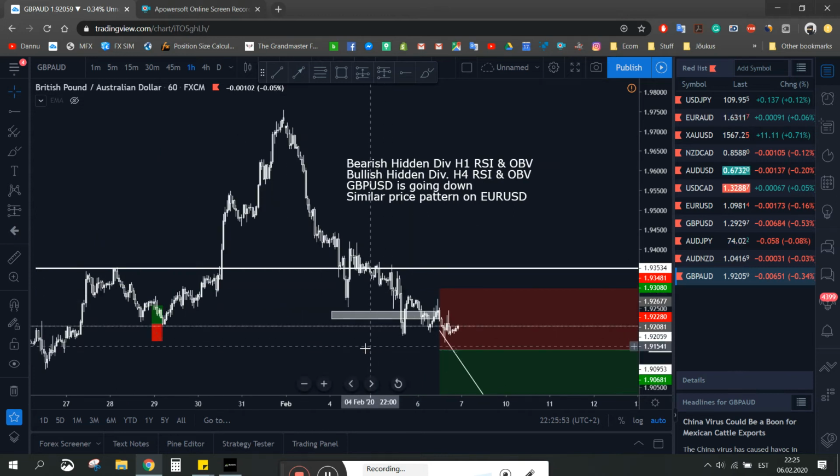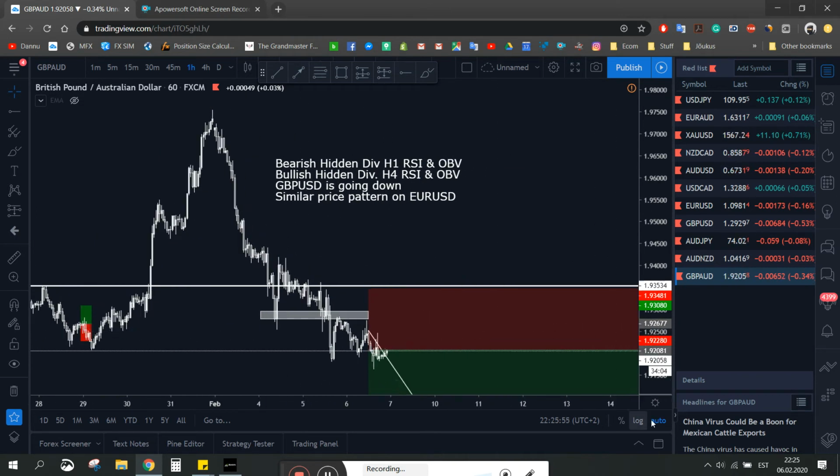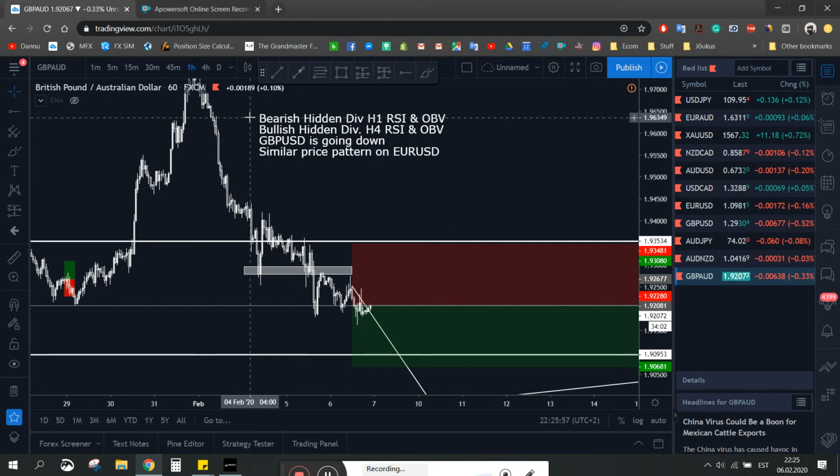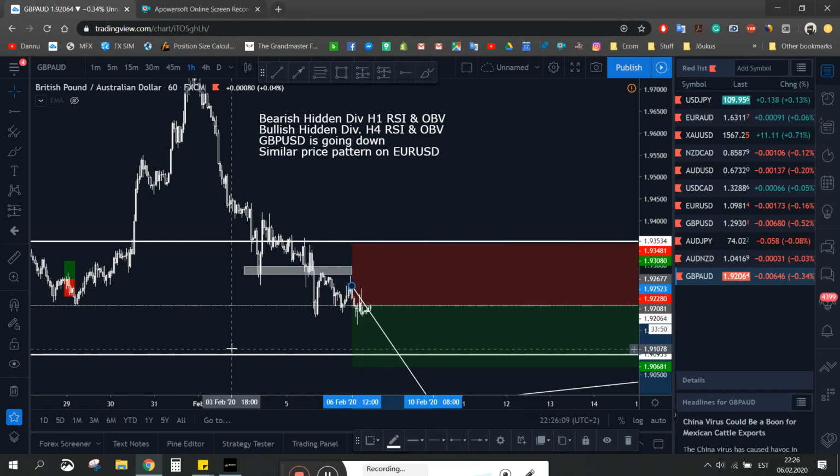But this trade was a bitch to enter, because it had bearish hidden divergence on the 1 hour time frame for both RSI and OBV. Price was over here when I entered, and it had bullish hidden divergence on H4 for RSI and OBV. So no clear signal from divergence.